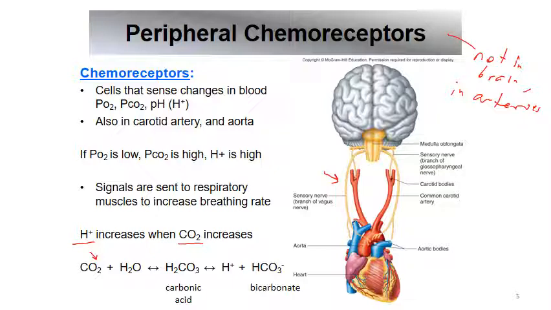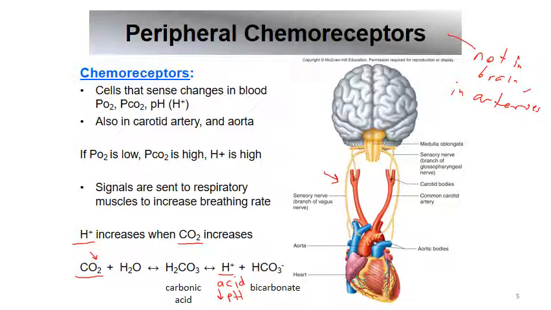It likes to separate and gives off the hydrogen ions. Remember, the more hydrogen ions you have, the more acidic it is. This is how we see the connection: more hydrogen ions, more acidic, and the pH is lower. So the more CO2 you have, the more acidic your blood is going to be.